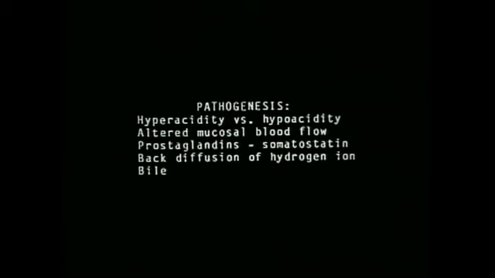Also the role of bile, an influx of bile into the stomach, or even the role of bile in the induction of ulcerations of the duodenum were thought to play a role.